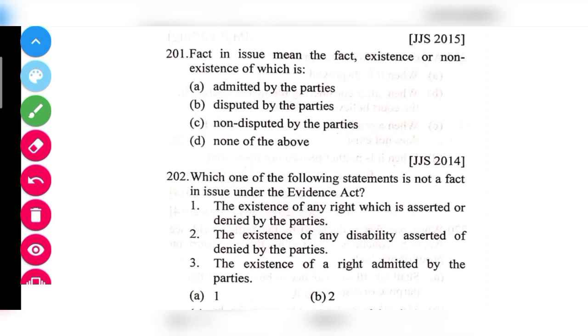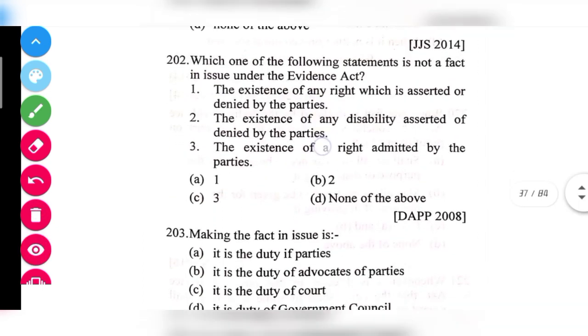Which one of the following statement is not a fact in issue under the Evidence Act? Answer is C. 203. Making the fact in issue is. Answer is C.